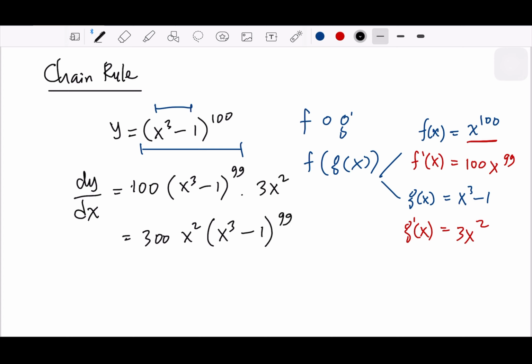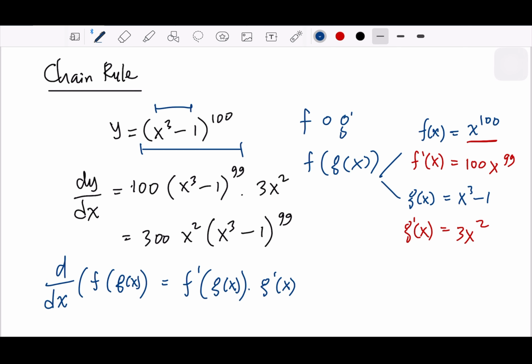I will take this slowly here. We can imagine how the functions can be composed. For example, we can have these two. Then the idea of the chain rule is, if you have d/dx of f of g of x, this will be f prime of g of x, and then multiply with g prime of x.